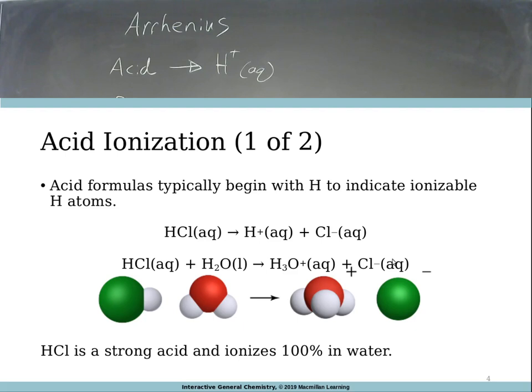And hydrochloric acid is what we call a strong acid. That means that it ionizes 100% in the water, and this reaction arrow is just a regular reaction arrow pointing to products, meaning that it will proceed all the way to the products. We'll contrast that in a minute.